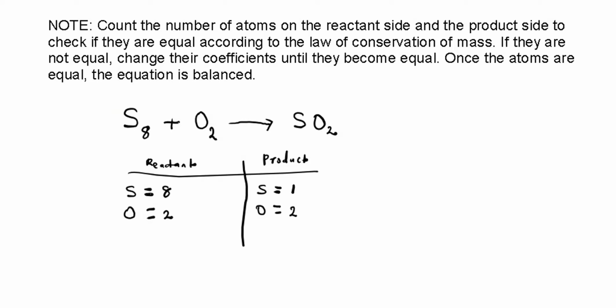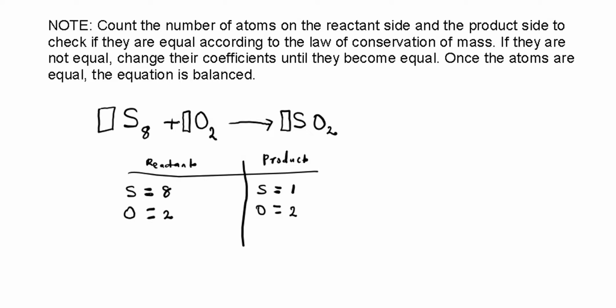So this is where your coefficient is supposed to be for each of these. So we are going to change the coefficients until they become equal. We come to the product side.